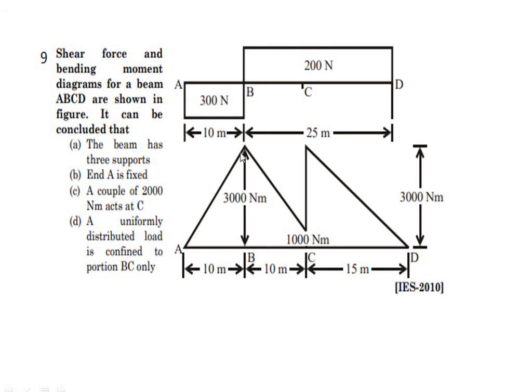So there should not be any linear variation, but you have the linear variation here. Yes, you may be having the linear variation, and at this point there is a sharp increase. There may be the action of a couple, which may cause this increase, and at this point again due to the loading you may be having this.